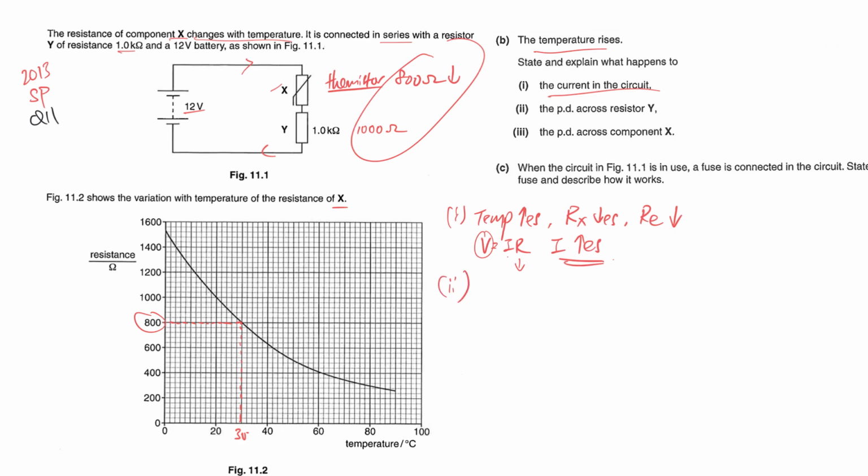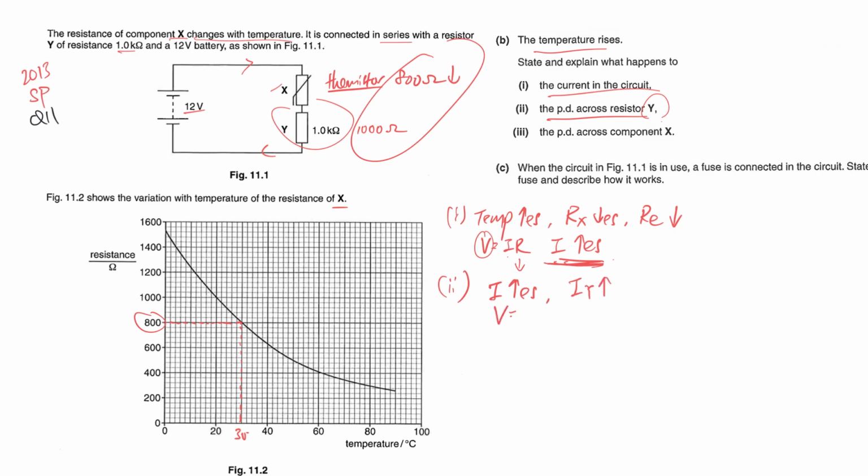For part 2, they ask you what will happen to the potential difference across Y. It's very simple, because you already established that the current flowing through the circuit, through X and Y, will increase. So as current increases, from part 1, the current in Y will increase.